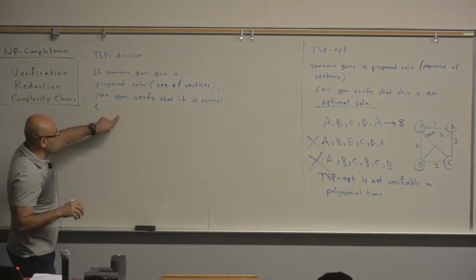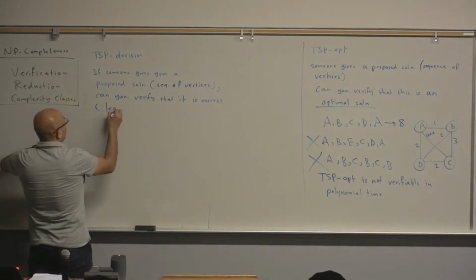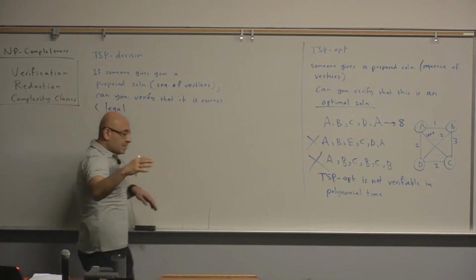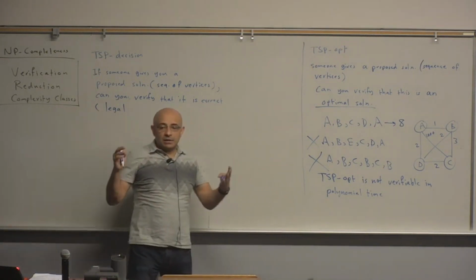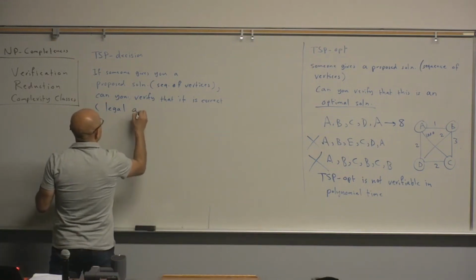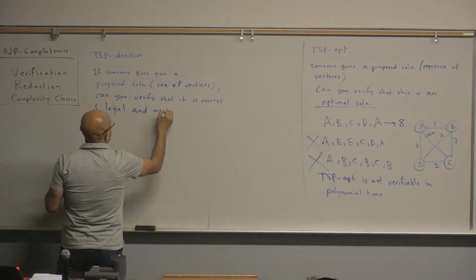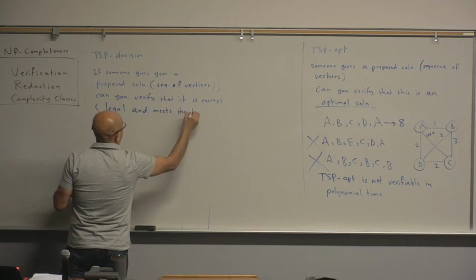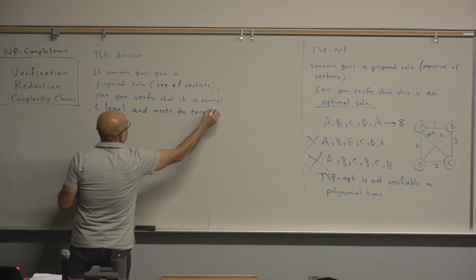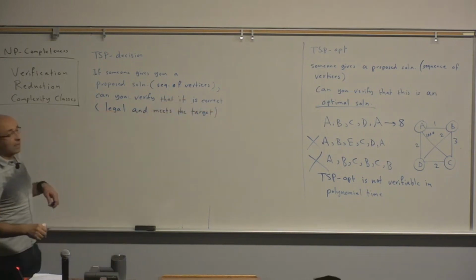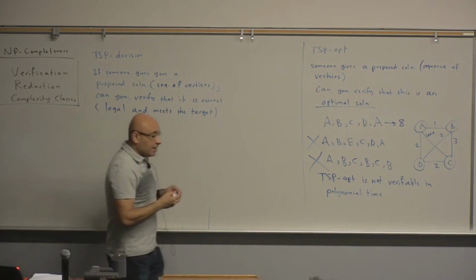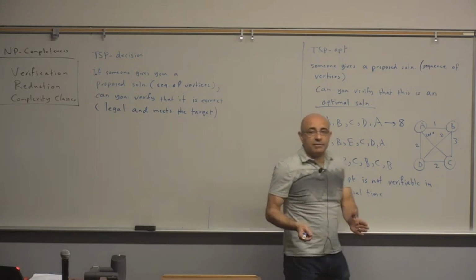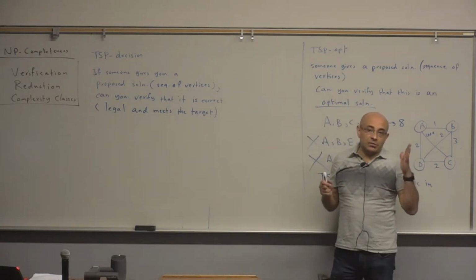So correct here means it's legal. Legal, it's indeed a simple cycle that belongs to the given graph and meets the target. Or is less than the target? Well, the target is normally less than or equal, or greater than or equal. So if it's legal, legal here means you verify that all the vertices exist in the graph, which is something that you can do in polynomial time.